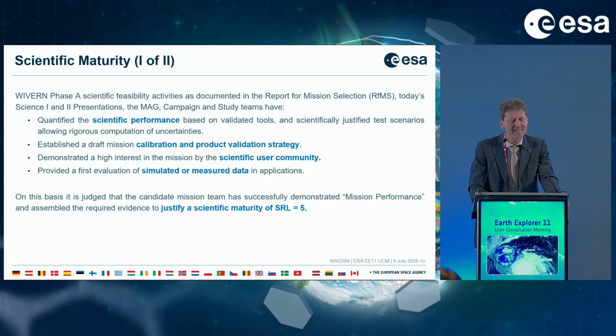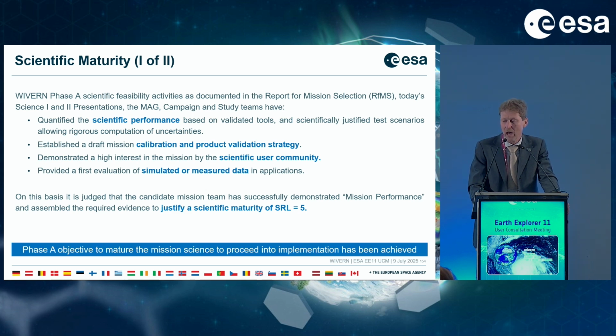On this basis, it is judged that the candidate mission team has successfully demonstrated mission performance and has assembled all of the evidence needed to declare that they are at science readiness level 5, which is important to be at after Phase A, and which would then allow them to proceed.